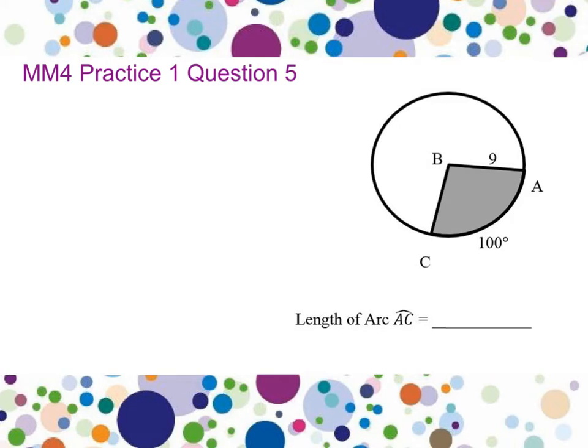So you might have seen this proportion where we say the ratio of the central angle over 360 degrees, because all circles have 360 degrees in the interior of the circle, is equal to the ratio of the arc length to the entire circumference.